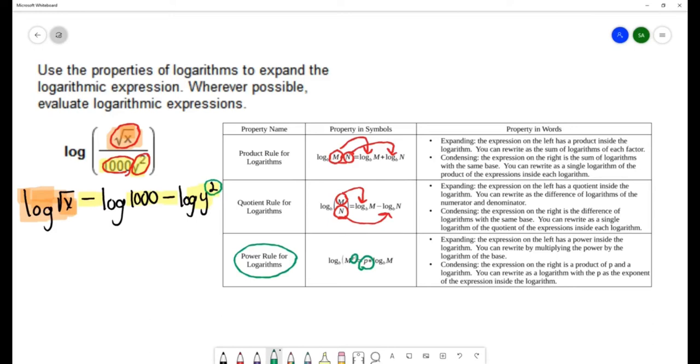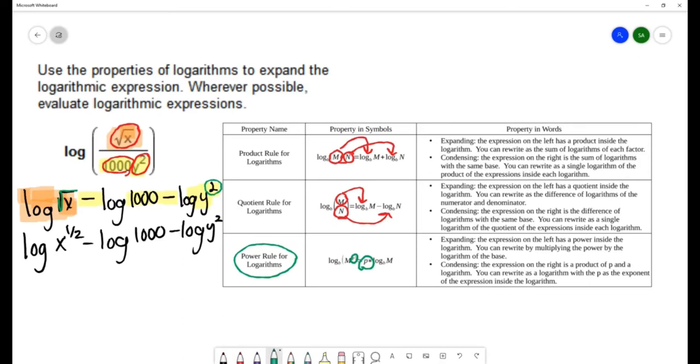But we also have on this first term here a radical. And radicals can be written as powers. This radical is a square root, and so we can write this as the 1/2 power. So we're going to write this as log of x to the 1/2 minus log of 1000 minus log of y squared.